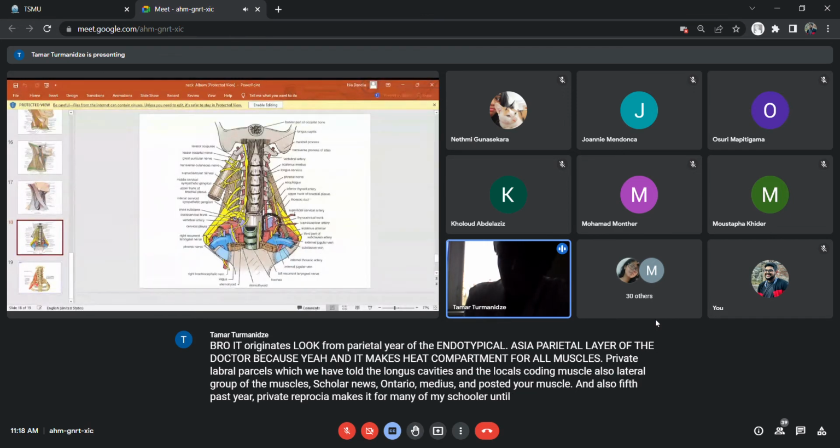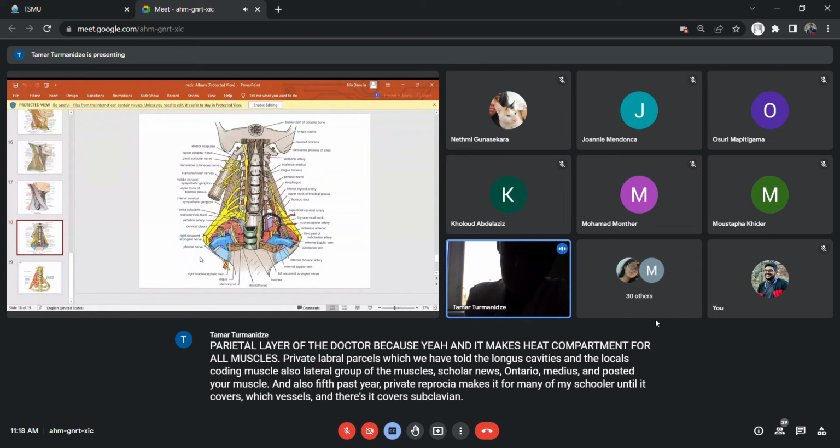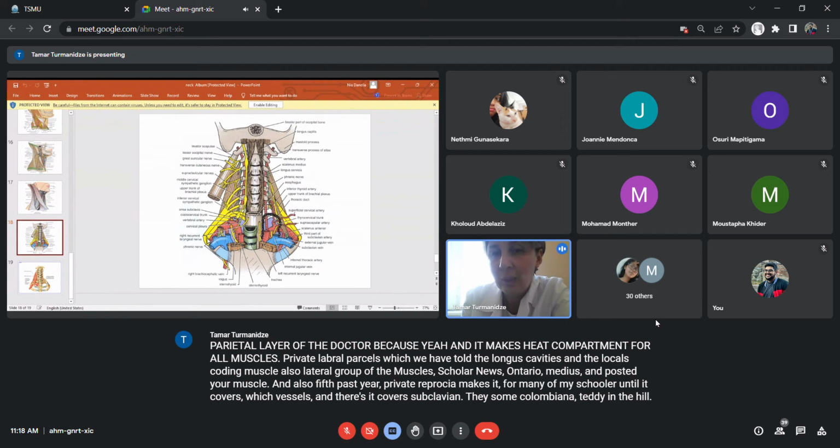So it covers which vessels and nerves? It covers the subclavian vein, subclavian artery, and the brachial plexus.